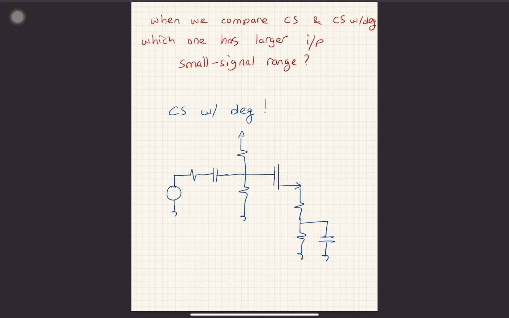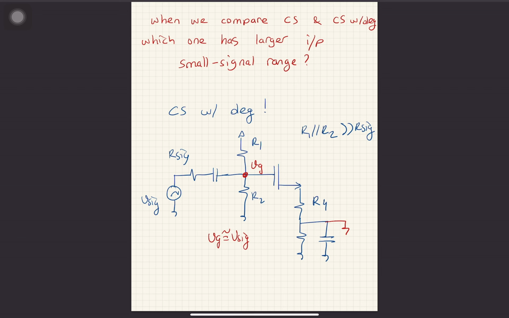So look at this input part. I'm not drawing the full circuit. But assuming that R1 in parallel with R2 is much larger than our signal, this should be the case for a proper voltage amplifier. Let's say this is R4. So in that case, this node is AC-wise grounded. Okay, so this gate voltage VG is almost equal to V signal.